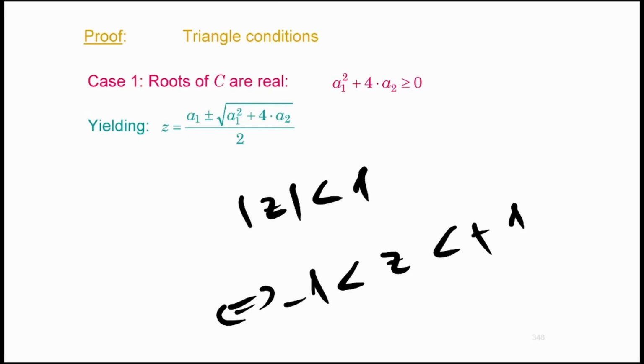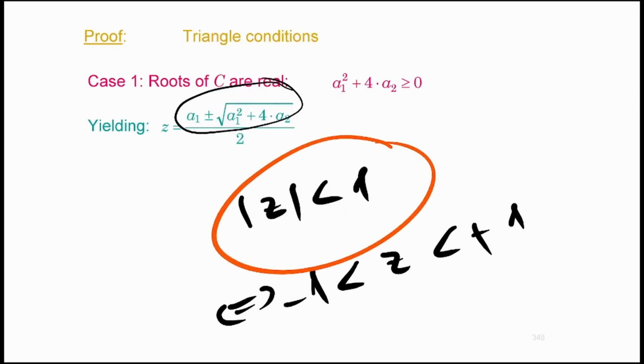So that's exactly the case. Now, if you multiply it by 2, then you will see that this expression must be between -2 and 2. That's going to be the implication. Because if the numerator of the root is between -2 and 2, then the root will have an absolute value which is less than 1. You understand that statement, guys?